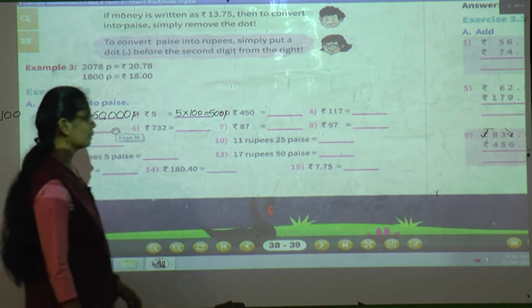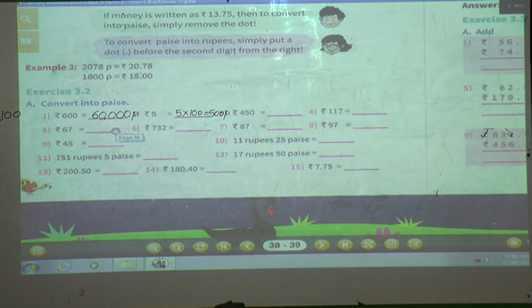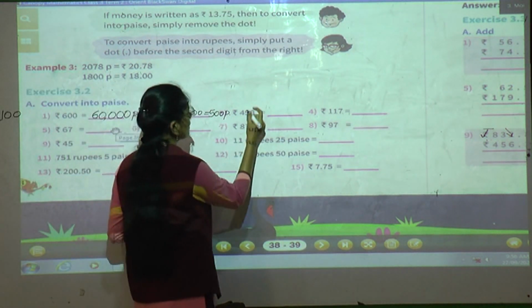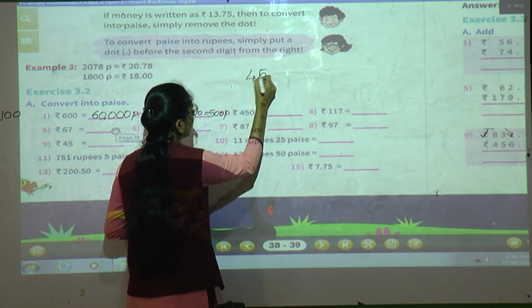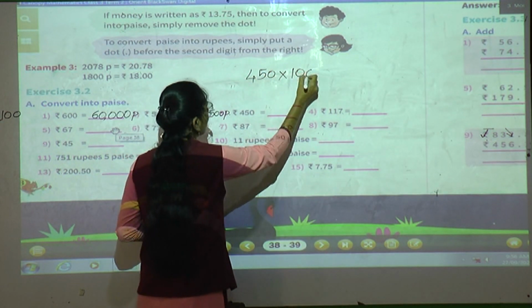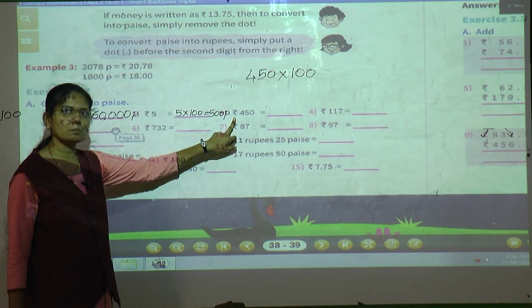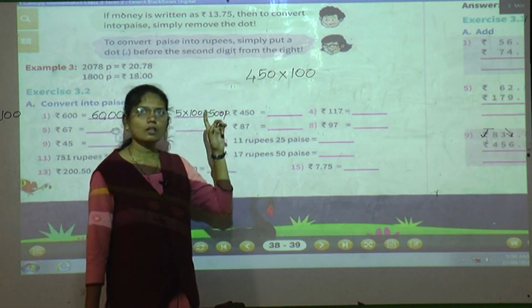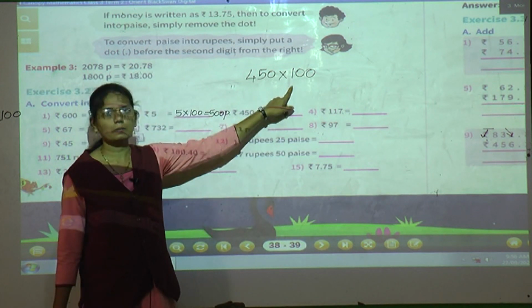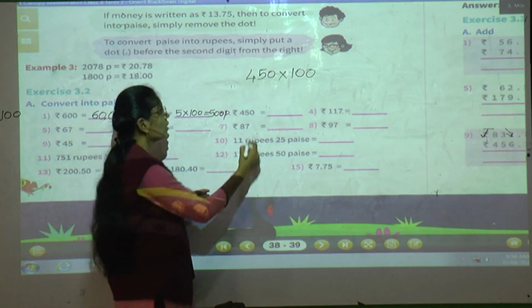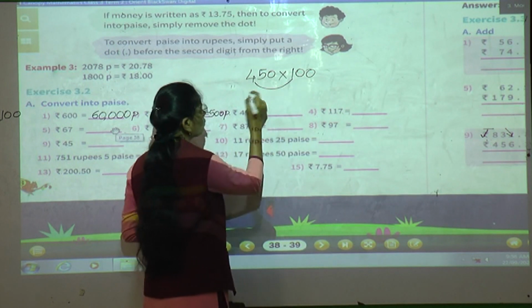Next, third example. Rupees 450. What will we do here? See here, 450 multiplied by 100. Because this money is in rupees and we have to convert it into paise, for that we have to multiply it by 100. Now already you have learned one rule.